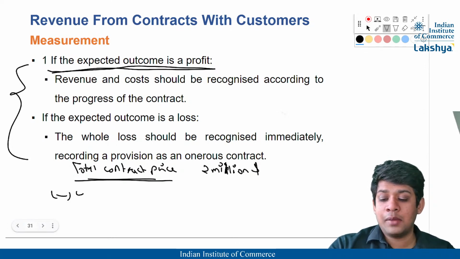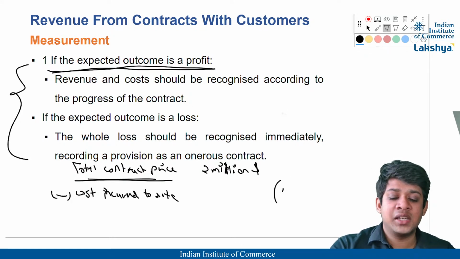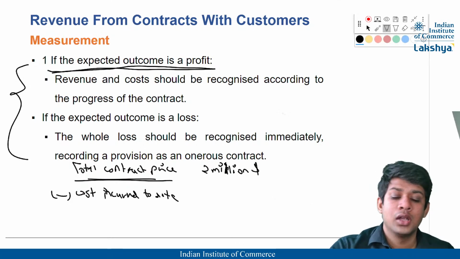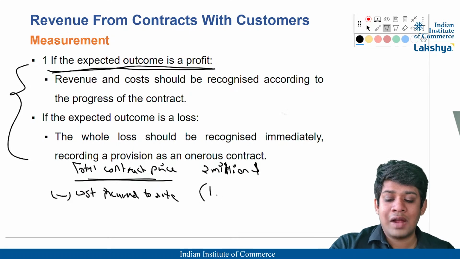Now, from that, maybe I'm going to obviously incur costs. That so means cost incurred to date. I have completed 60% of the project. Okay. Or rather, I should not mention, we'll calculate it together. Maybe say I've incurred 1 million to date. Right.